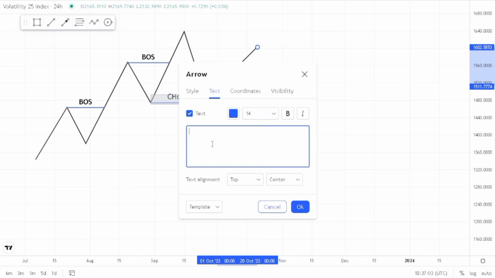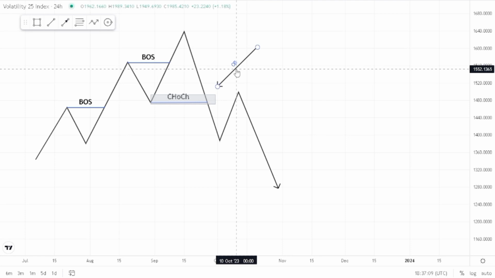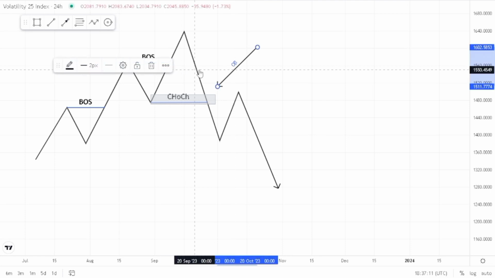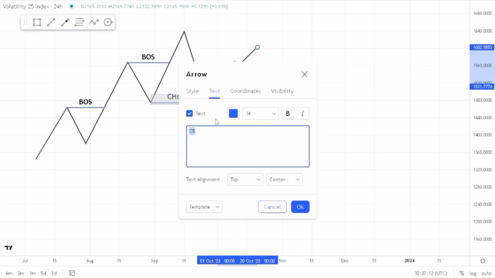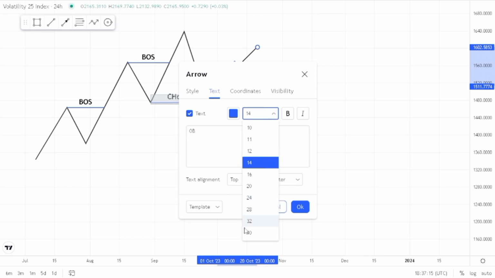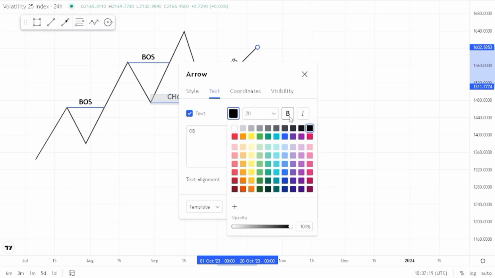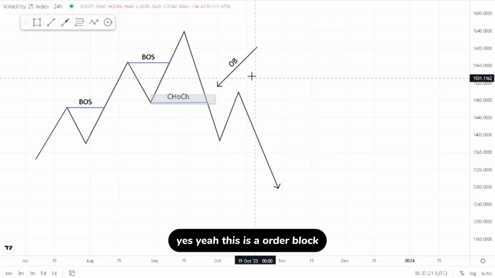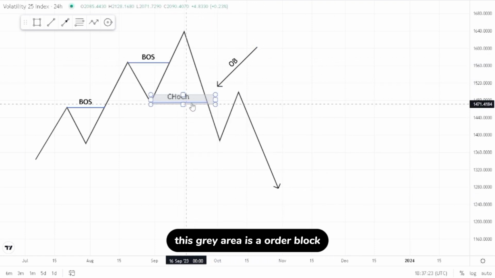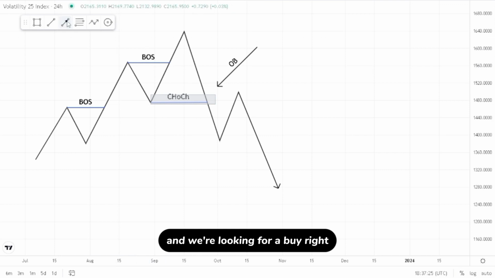Let me type in OB. Yes, this is our order block. This gray area is our order block, and we're looking for a buy, right?